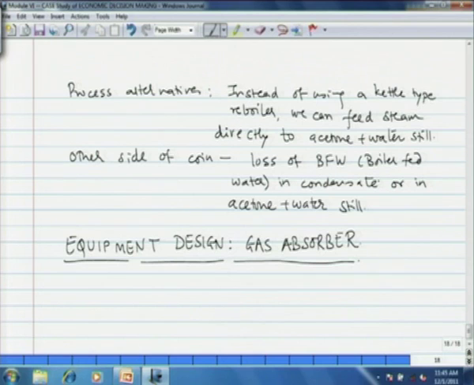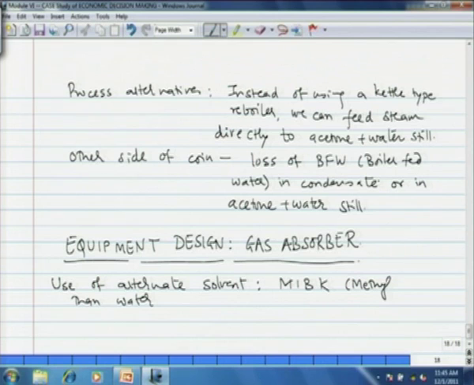Like in the previous lecture, we talked of using an alternate solvent other than water. We can use some organic solvent. Let us say we try to use MIBK, that is methyl isobutyl ketone, as an alternate solvent.